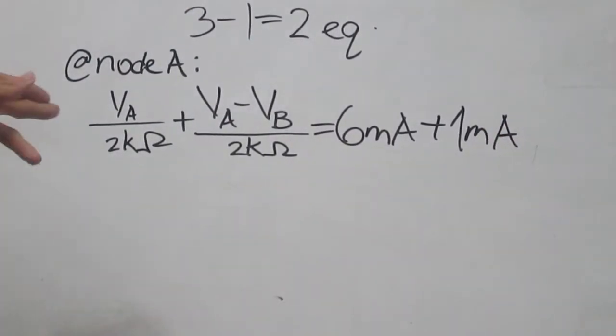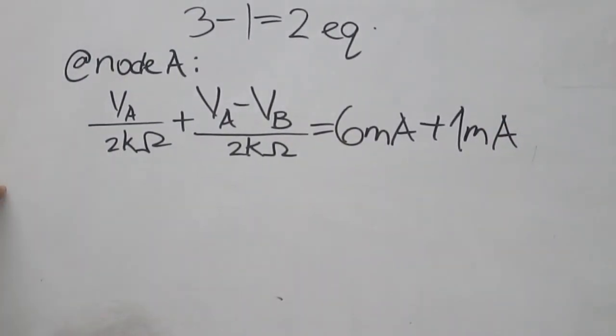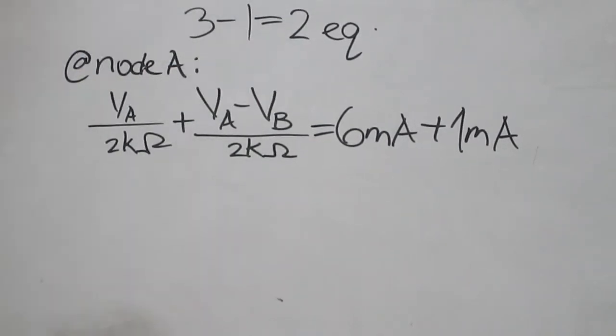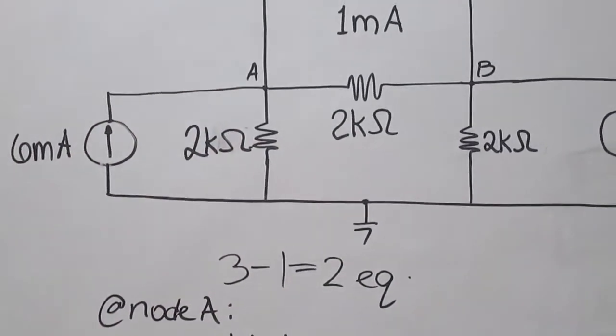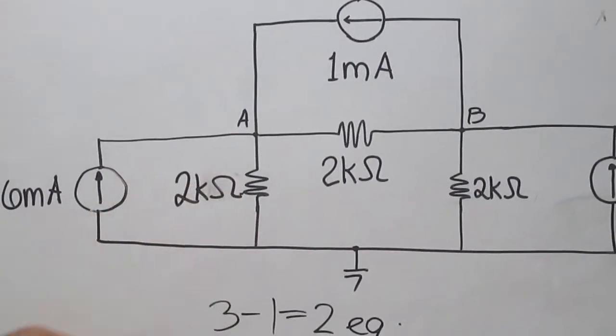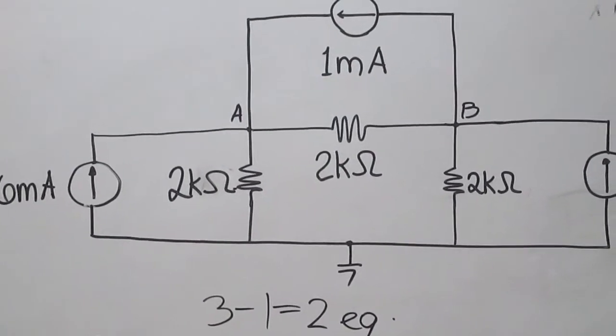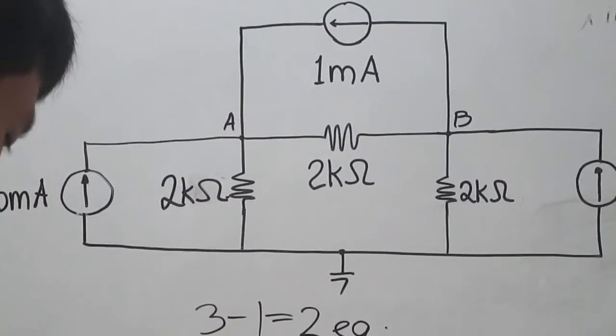This equation has been formed because, as you can see, the current going into node A is equal to that which goes out, which is these two terms.